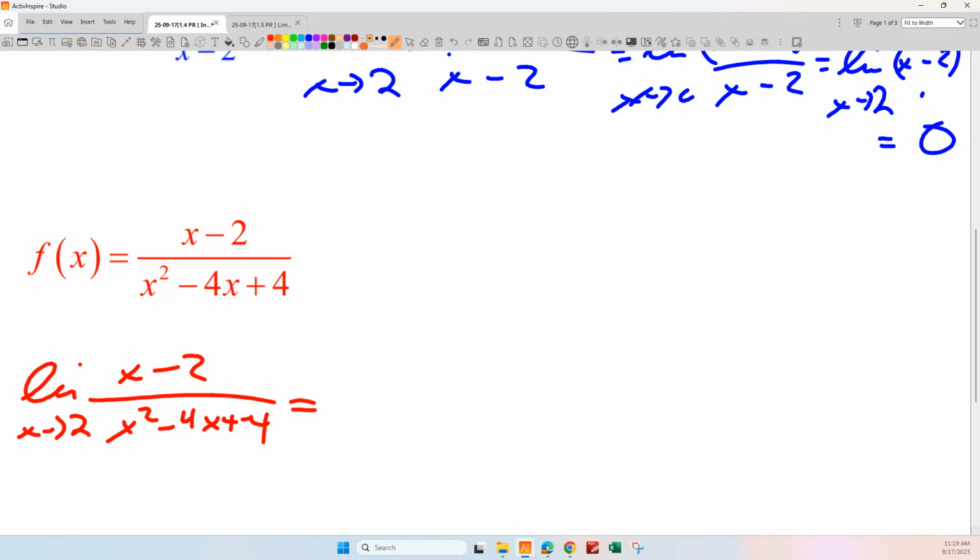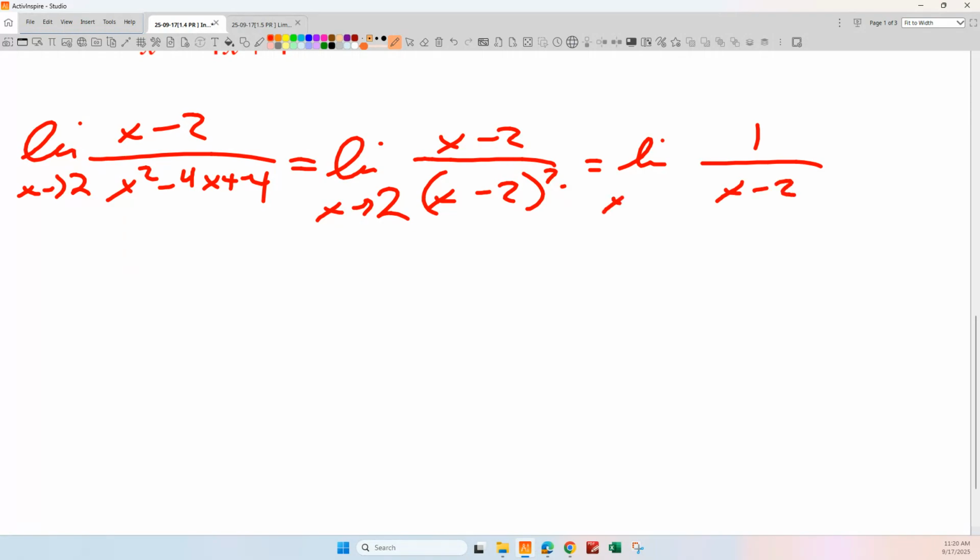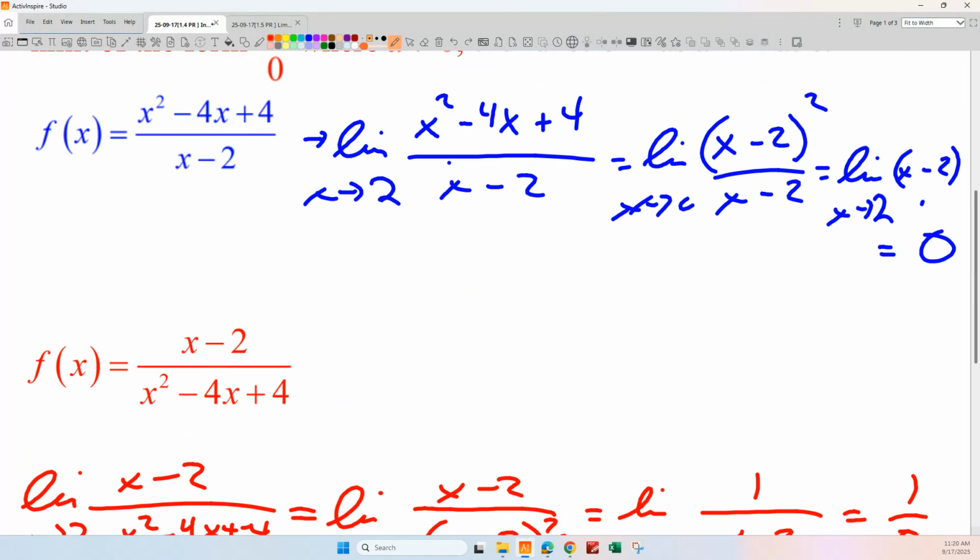If I factor the bottom this time, cancel the factors, and so I get the limit of 1 over x minus 2 as x approaches 2, that's 1 over 0, right? So that doesn't exist, and what's that tell us? Vertical asymptote. Okay, so it could be either way. Both of those started off indeterminate.